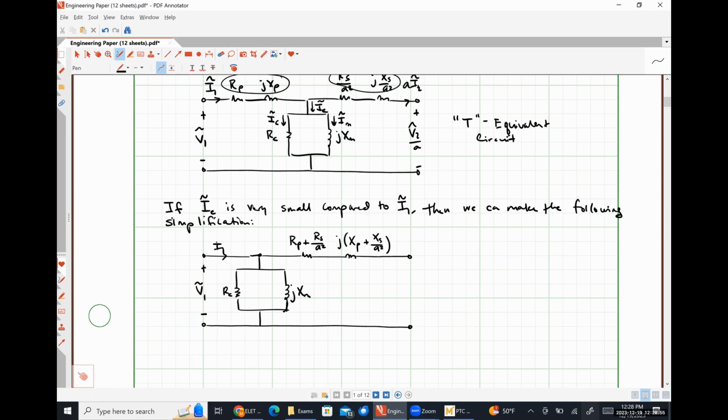Here's my current I1. This voltage is going to look like V2 over A. And this current is going to look like A times I2. And this is what's known, as I said a moment ago, as the cantilever equivalent circuit, with everything referred to the primary side.